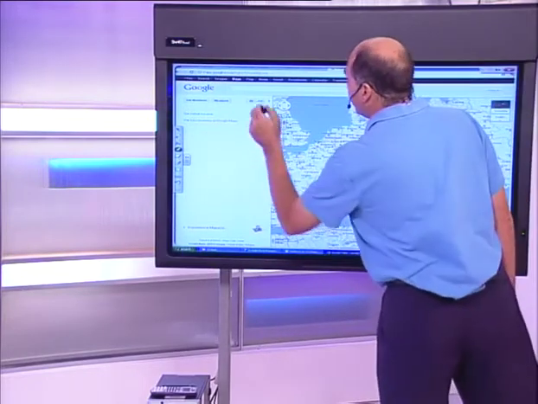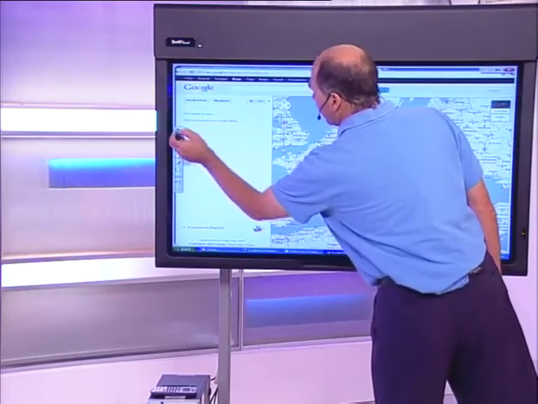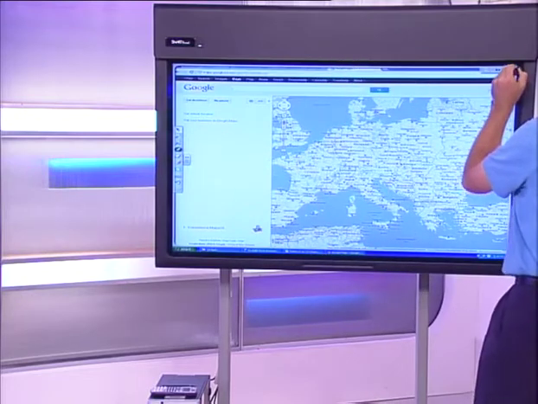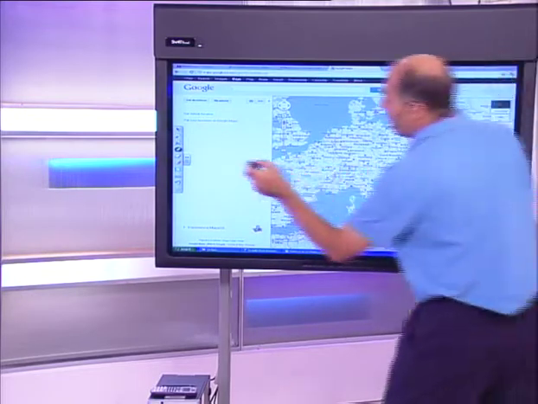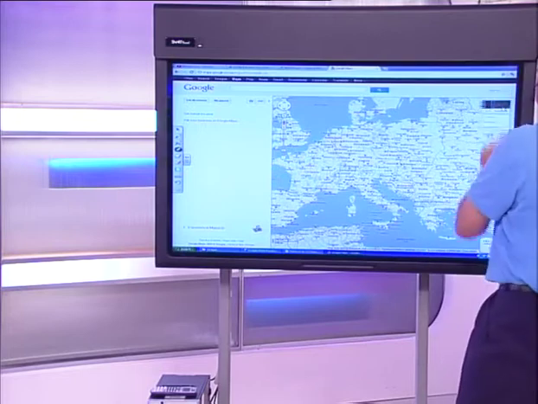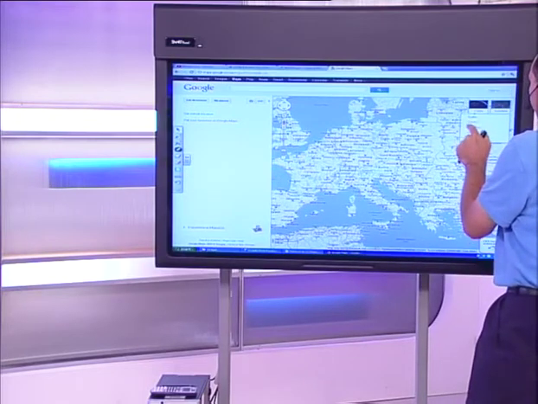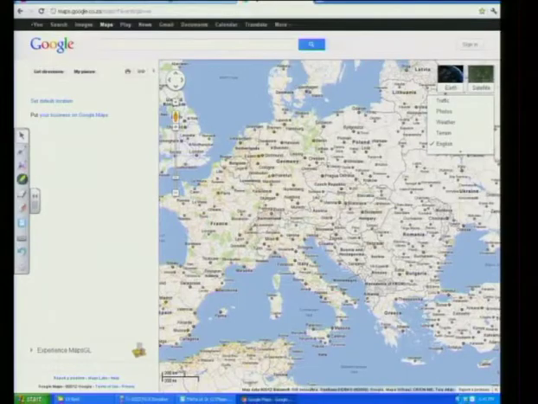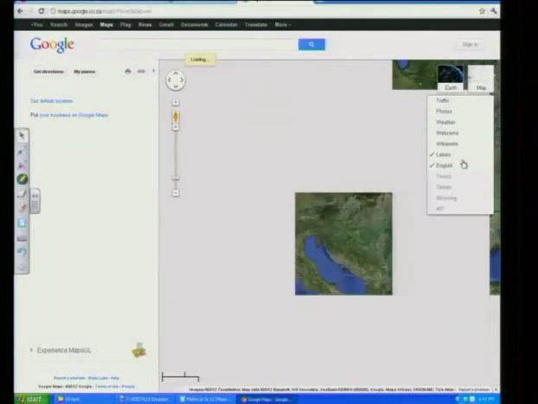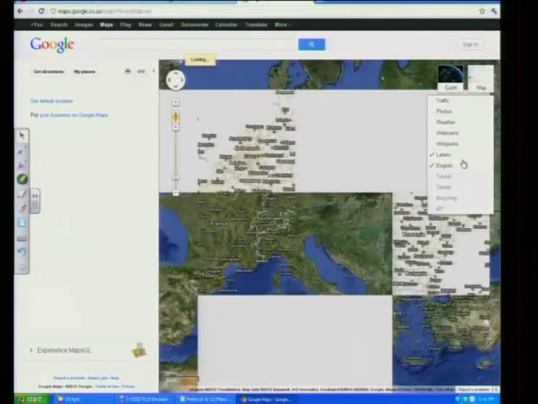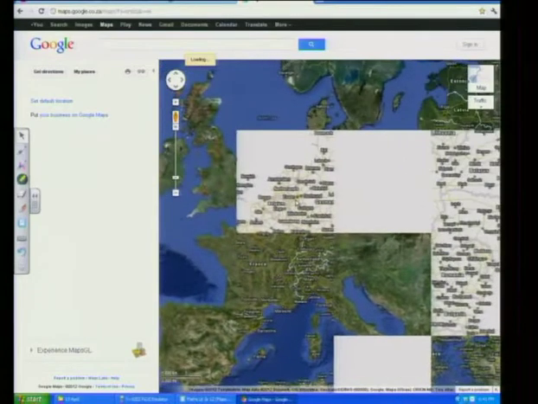Let's click onto the satellite, and hopefully it'll change in a second. There it is. And we want to zoom in now on this section here.